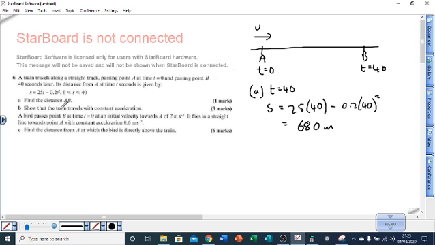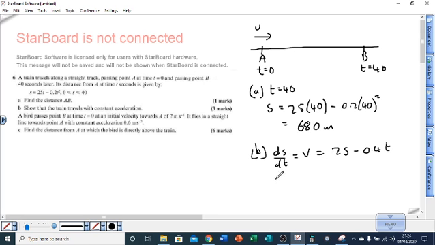It then says show that the train travels with constant acceleration. So we're going to work out the acceleration of the train by differentiating twice. ds by dt, differentiating with respect to t, is your velocity, which is equal to 25 minus 0.4t.